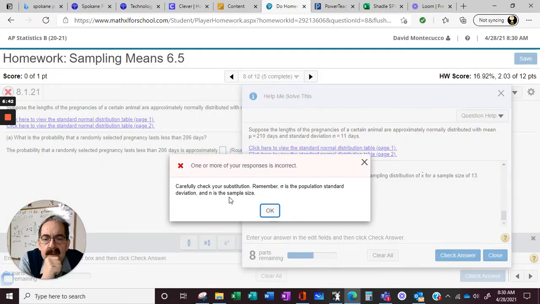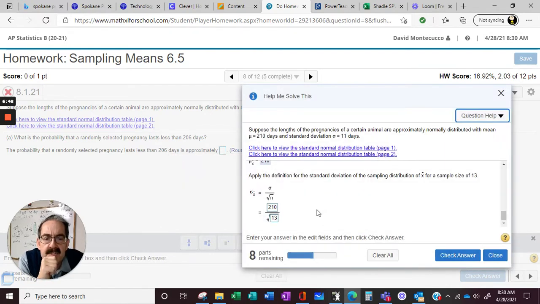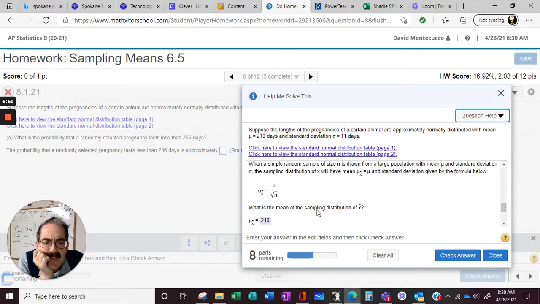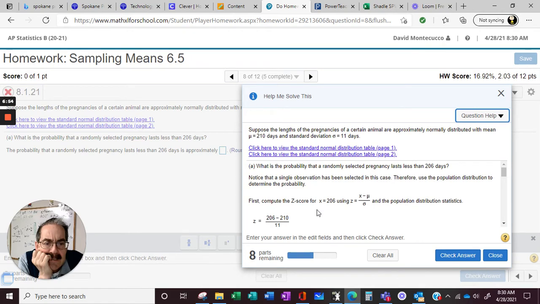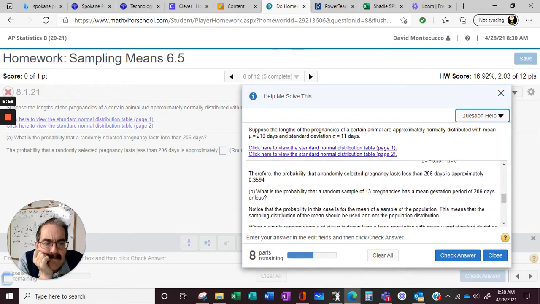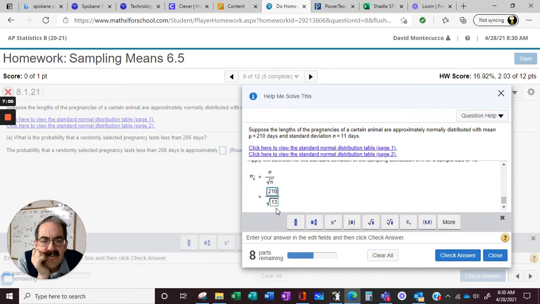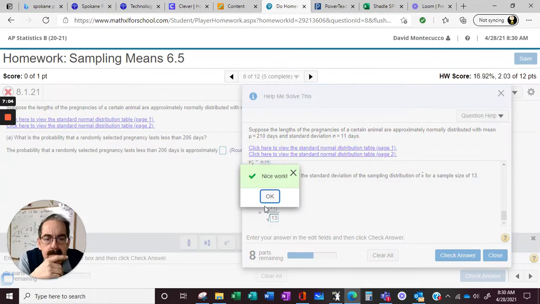That's not going to be right. Remember, sigma is the population standard deviation and n is the sample size. So what's our standard deviation? The standard deviation was originally 11. Good.